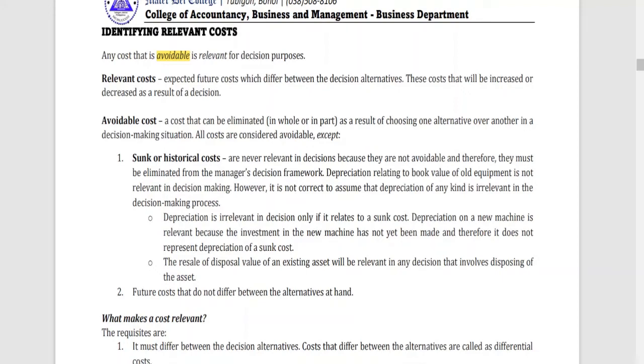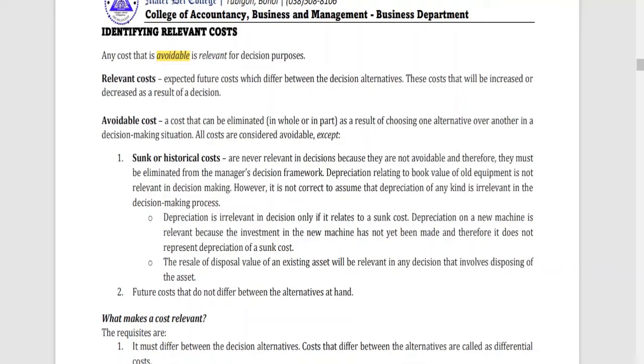So it is relevant in my decision because it is a determining factor. That is the difference between the two decisions. So the relevant costs are expected future costs which differ between decision alternatives. These costs will be increased or decreased as a result of a decision.